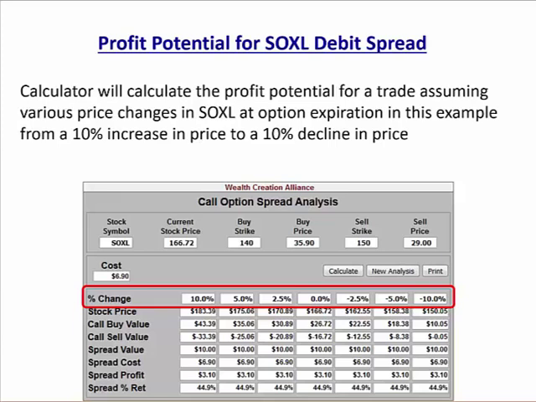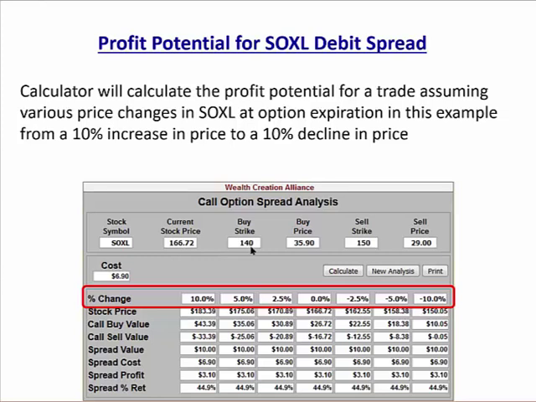And the calculator will calculate the profit potential for a trade assuming various price changes in the underlying stock at option expiration. And in this example, we used a 10% increase in the underlying ETF to a 10% decline in price. So we inputted the current stock price of 166.72.